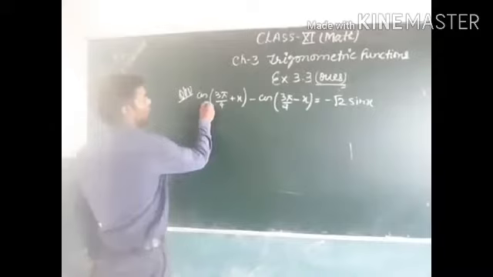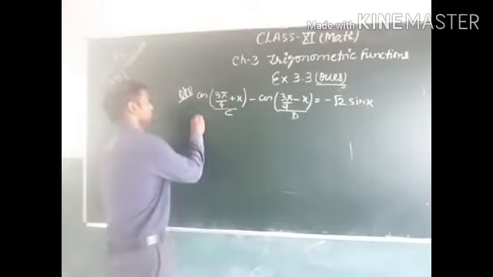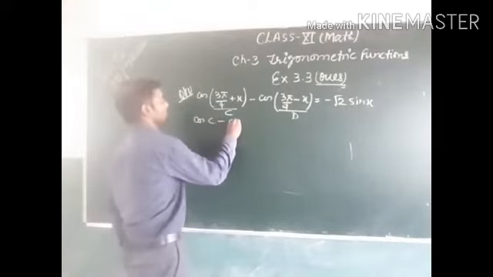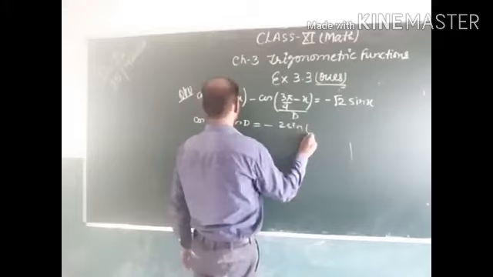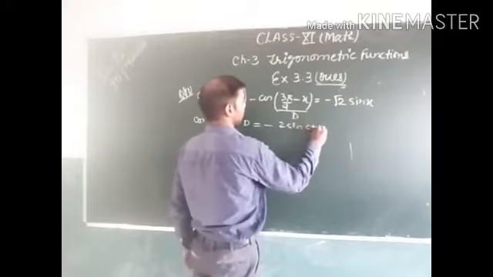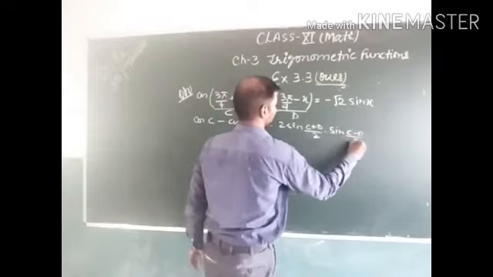So this is cos C and this is cos D. You use the identity cos C minus cos D is equal to minus 2 sin C plus D by 2 into sin C minus D by 2.